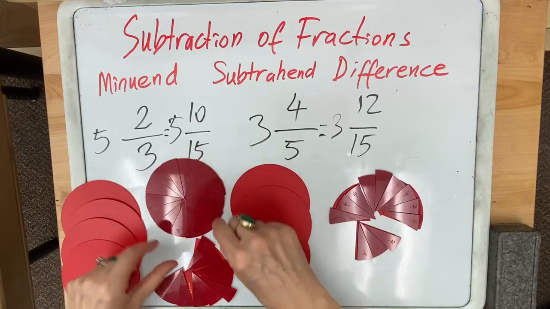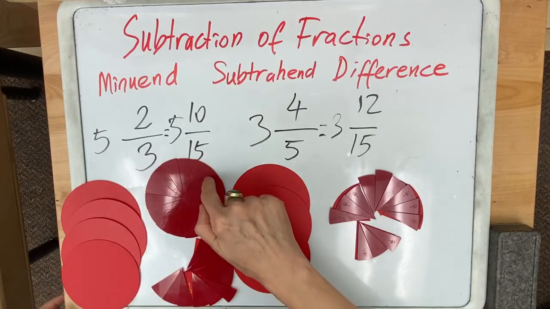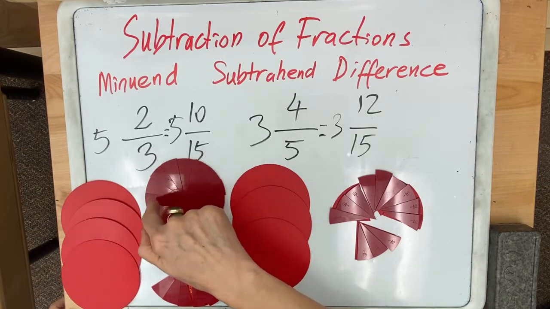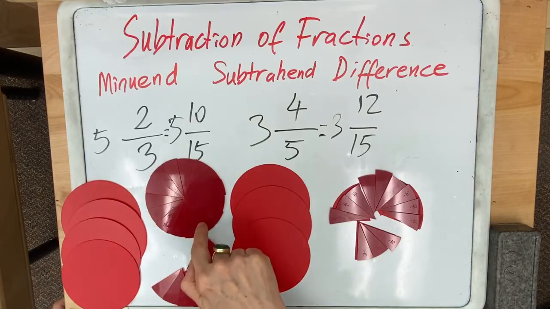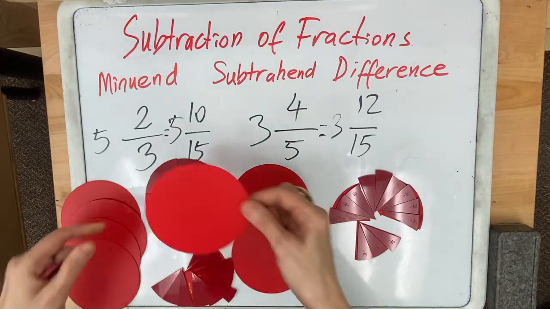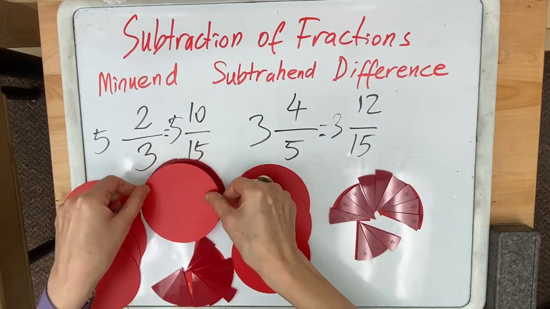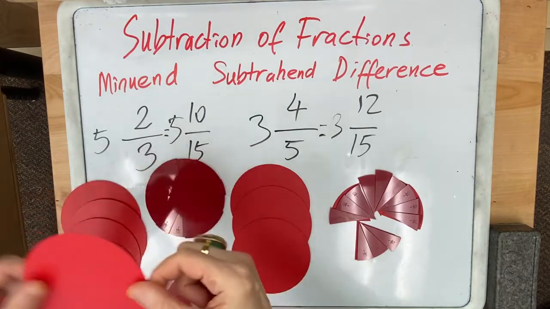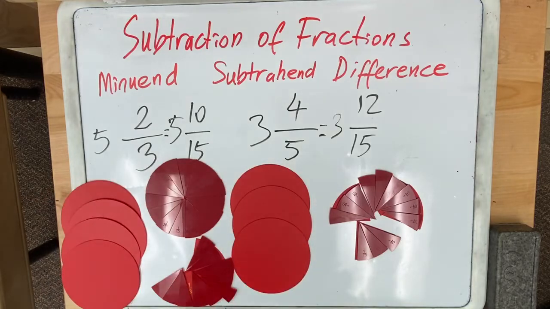All right, let's count. 1, 2, 3, 4, 5, 6, 7, 8, 9, 10, 11, 12, 13, 14, 15. Yeah, and I can actually prove it. There we go. 15/15ths is equal to 1 whole, which I exchanged.